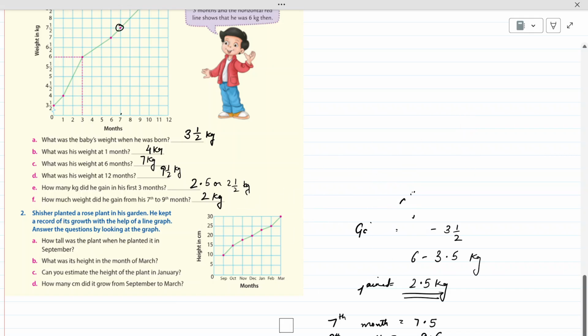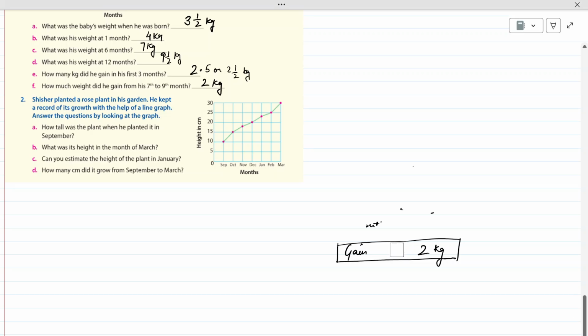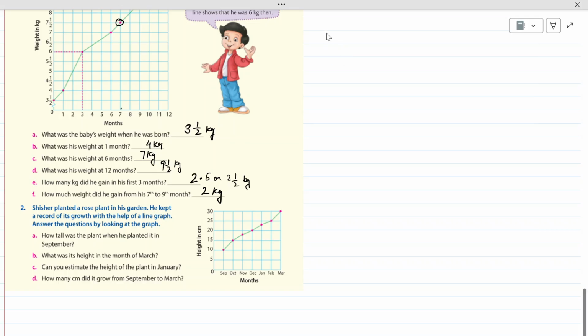Okay, so I'm erasing this, and now let us go to the next question, which is also the last question of this exercise and the chapter. It says Shishir planted a rose plant in his garden and he kept a record of its growth with the help of a line graph. Answer the questions by looking at the graph.